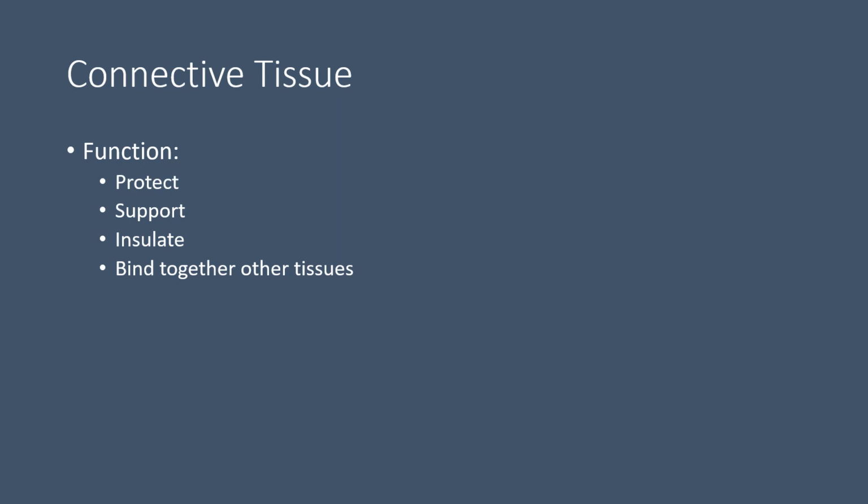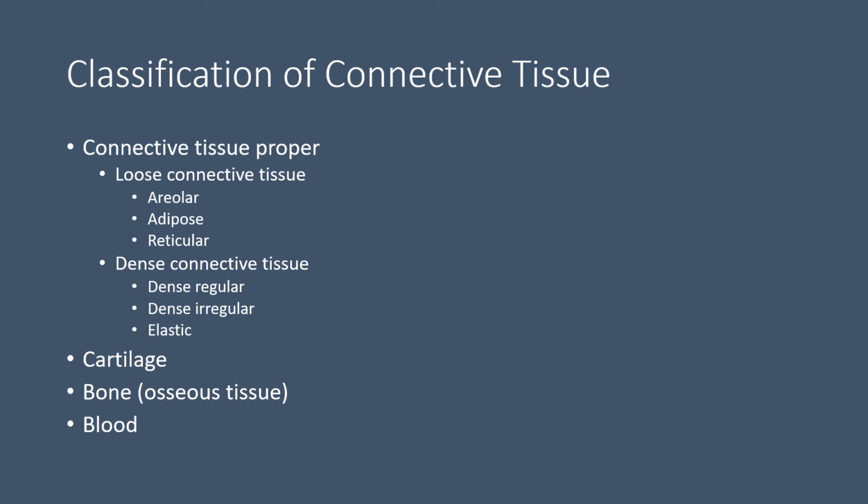Connective tissue, the function of connective tissue is going to be for protection. It's going to help support, it's going to insulate, and it's going to help bind other cells, other tissues, to adjacent tissues. The classification of connective tissue: first, we have connective tissue proper, which is then subdivided into loose versus dense connective tissue.